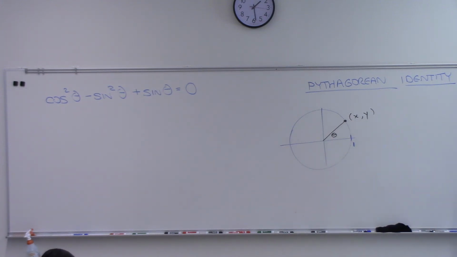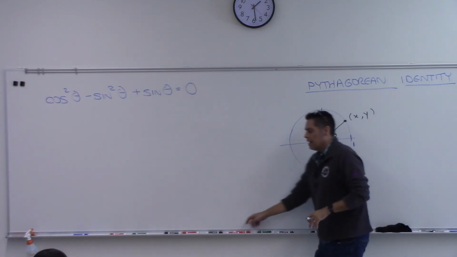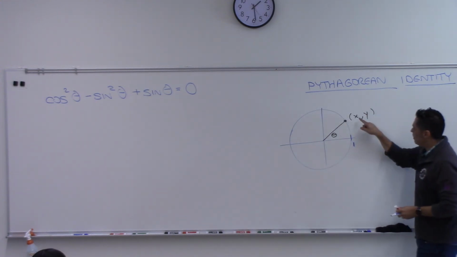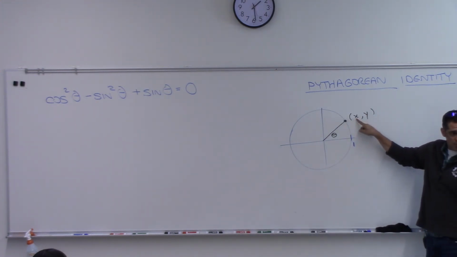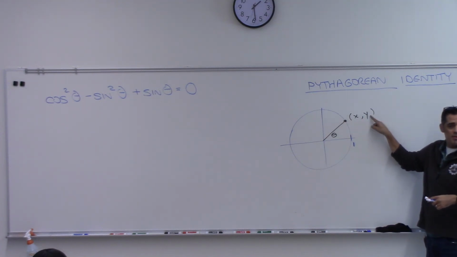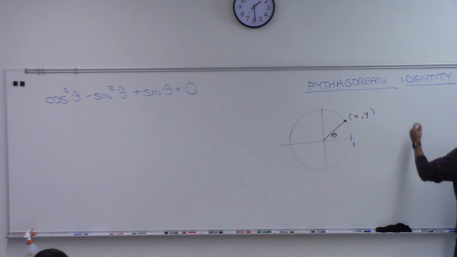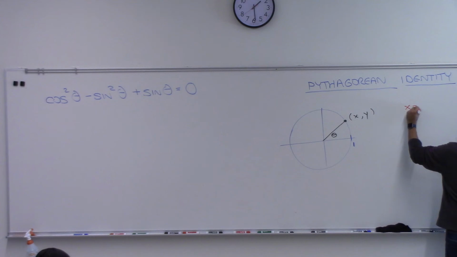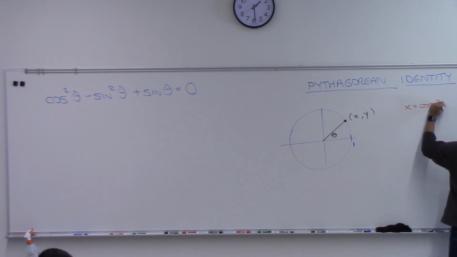And the big takeaway that everyone should be intimately familiar with at this point is that cosine of the angle always gives you the x coordinate, and sine of the angle always gives you the y coordinate. So we know that x equals cosine of the angle, and y equals sine of the angle.